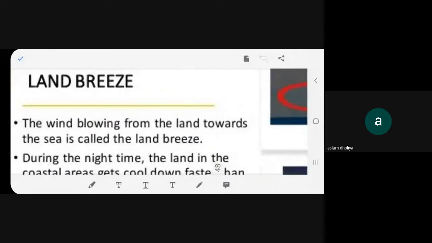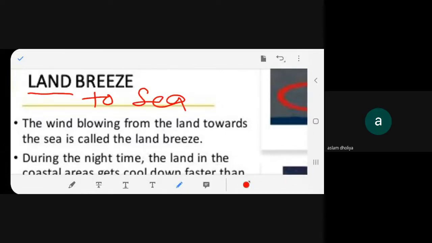What is land breeze? I told you already. Land to sea. Agree? All of you agree? Yes. The movement is from land to sea. And when is it happening, beta?